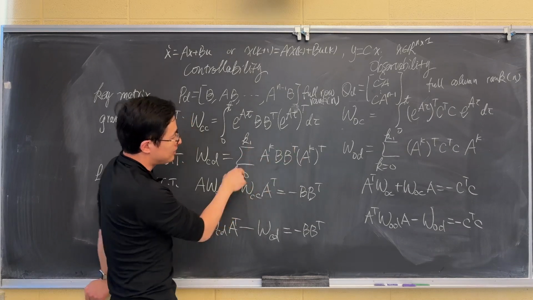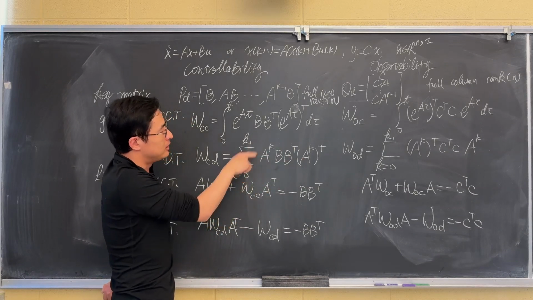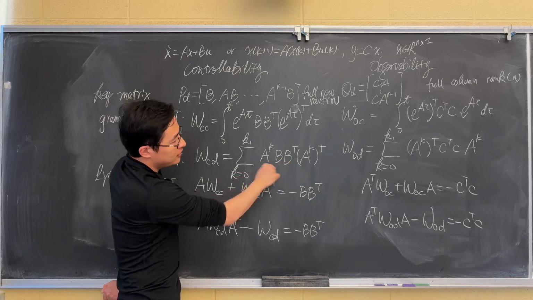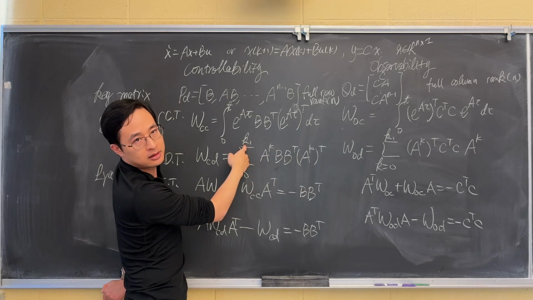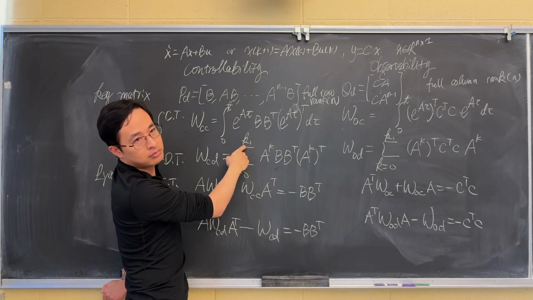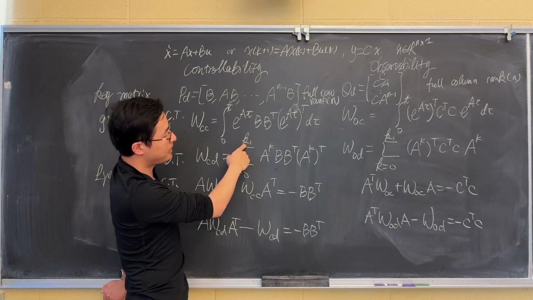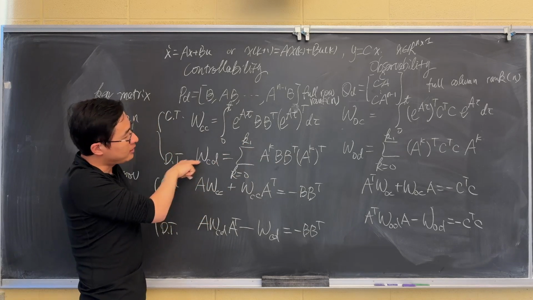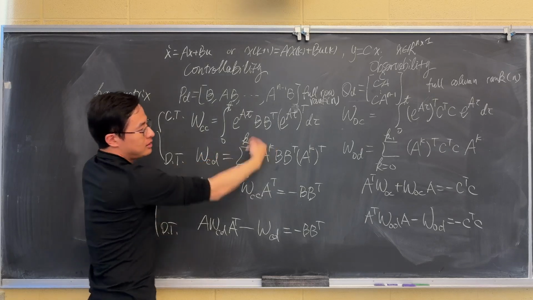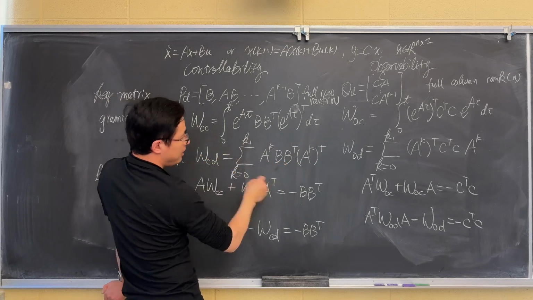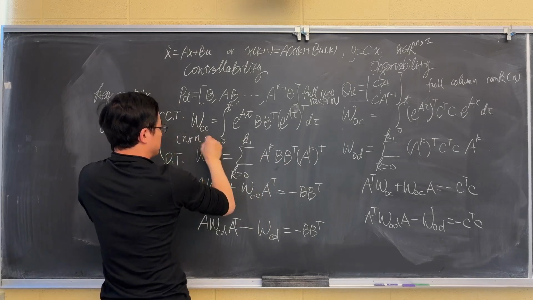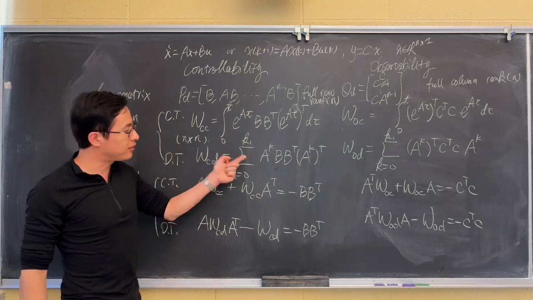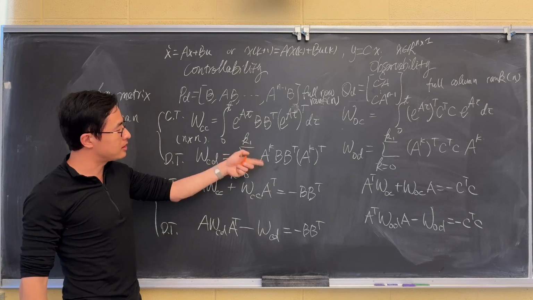It is the summation of multiple of these products added together up to a certain integer k1. This is an n by n matrix. If this matrix becomes invertible for some index k1, then the system is controllable.